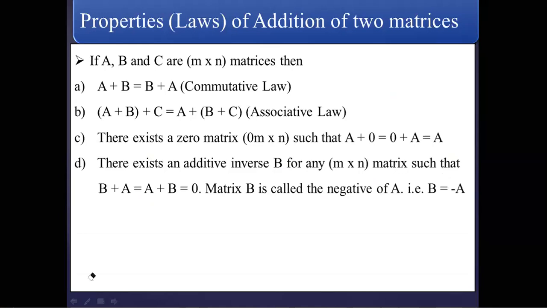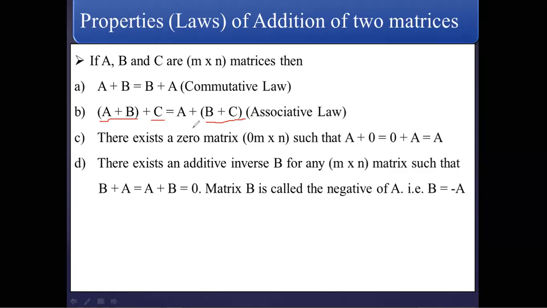It indicates that if we first find A plus B and later add C, and in the second case we first find B plus C and later add it to A, then it should be the same. That means they will give you the same answer according to the associative law.